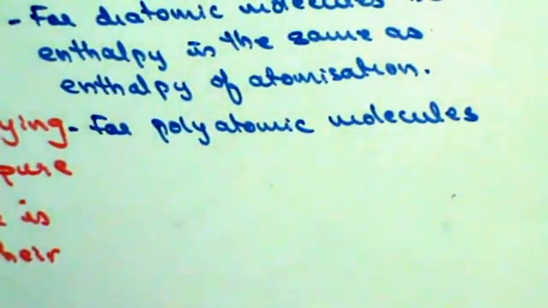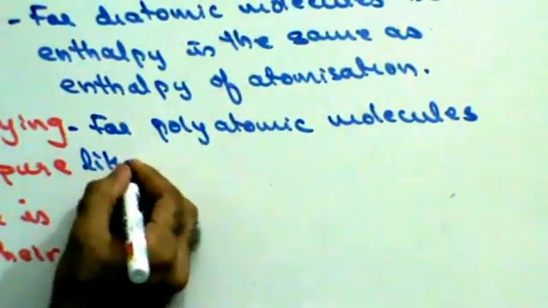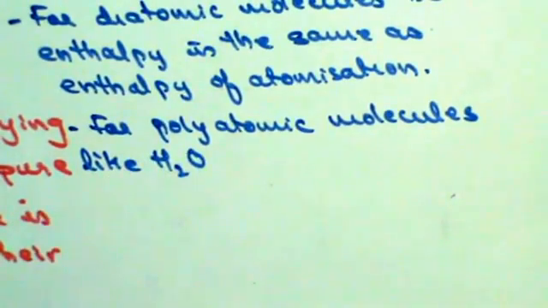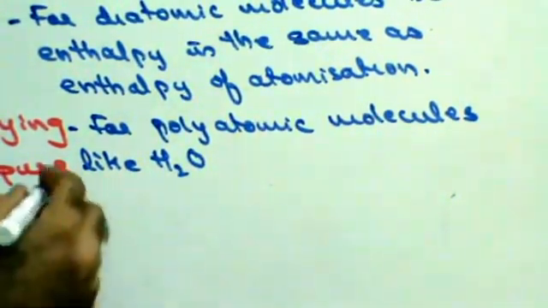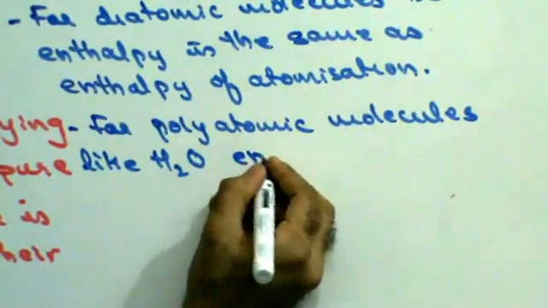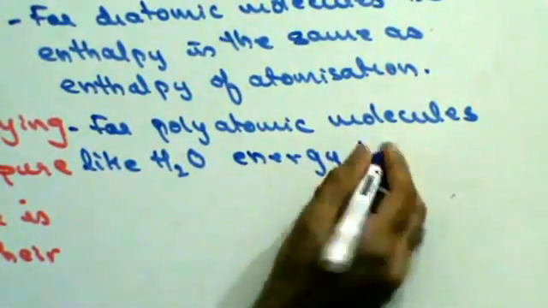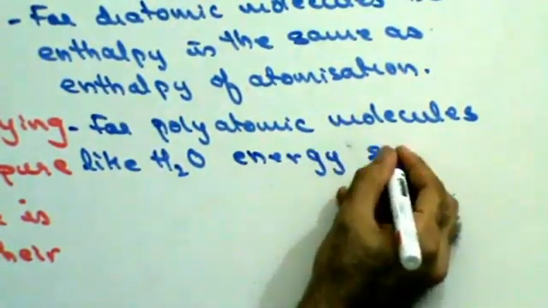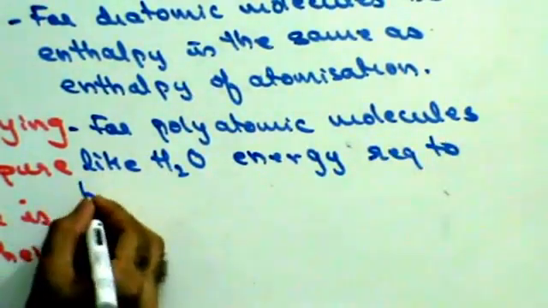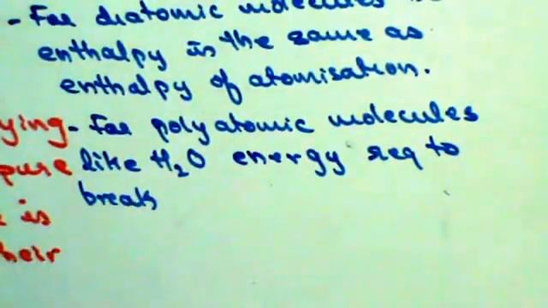let's consider some polyatomic molecules, say like water. If I consider a polyatomic molecule like water, the energy required to break water, there are going to be 2 OH bonds, right?